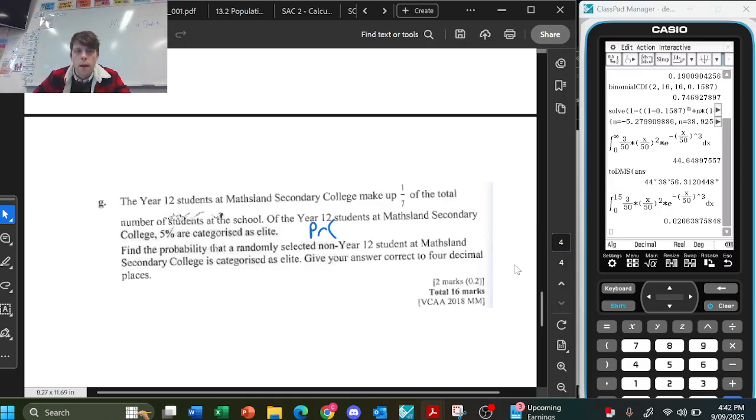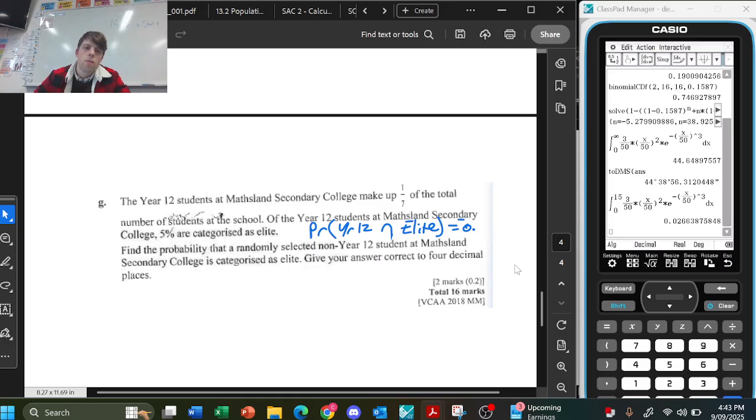So this is the probability that the student is in year 12 and is elite. So the probability that they are both in year 12 and elite is equal to 0.05.